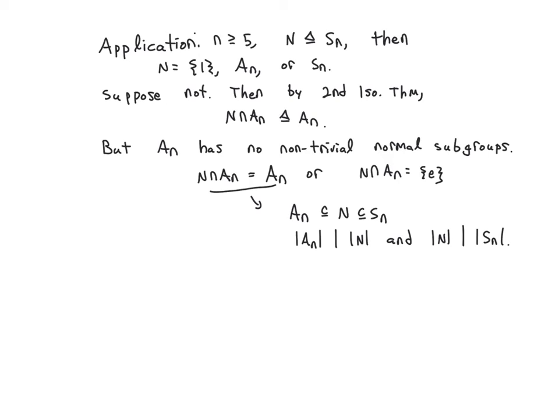And we have a bit of a problem. These two only differ by a factor of 2. So either the size of N is going to be equal to An, or the size of N is going to be equal to Sn. There's really no other number in between these two numbers that satisfies this divisibility criterion.